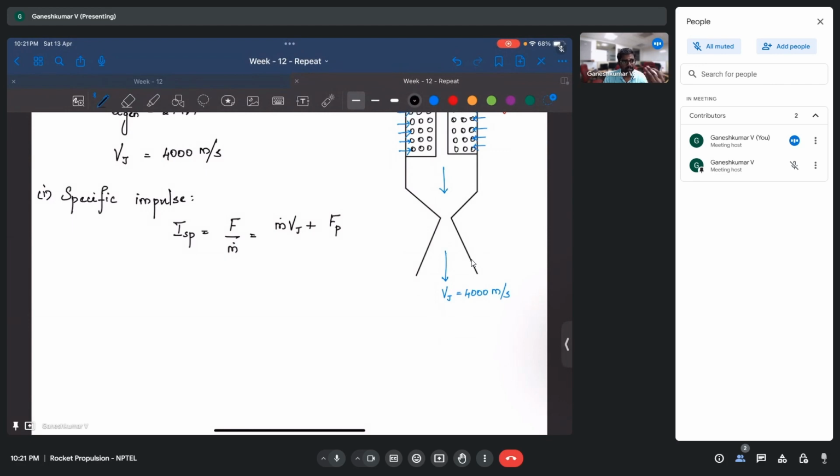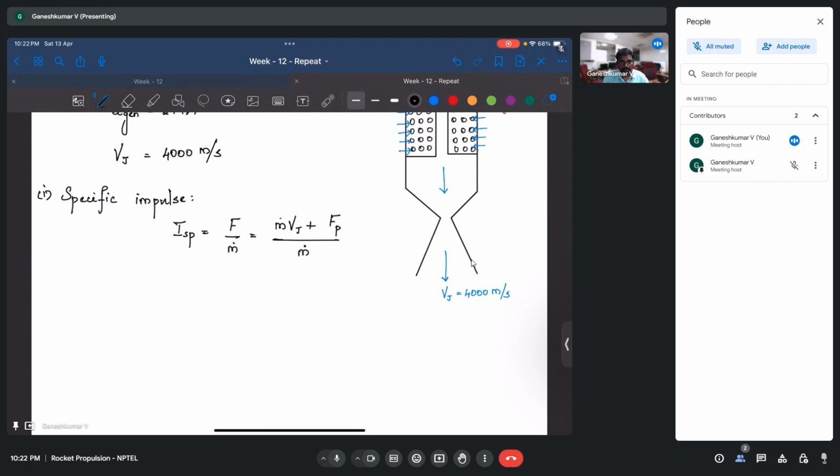Based on that, there will be a pressure thrust acting on the exit plane of the nozzle, and that is also going to increase or decrease your thrust based on the operating condition you are in. That divided by the total mass flow rate is your specific impulse, right?